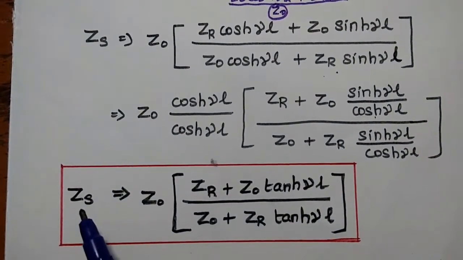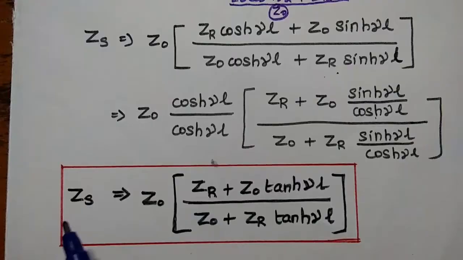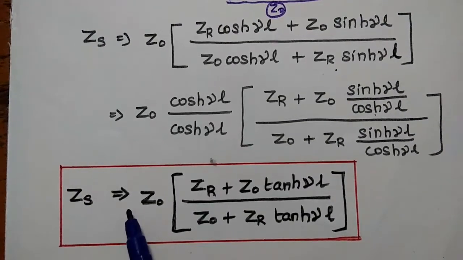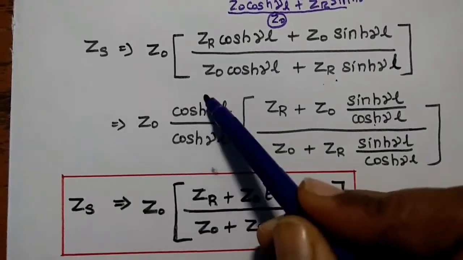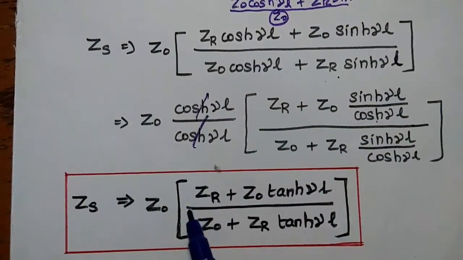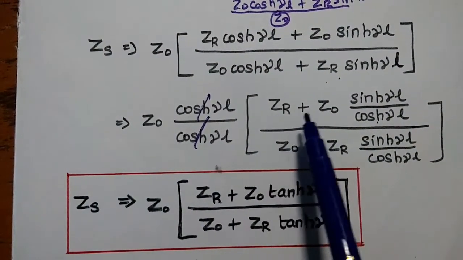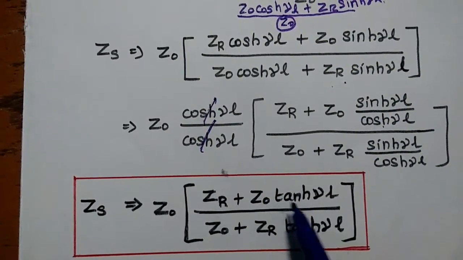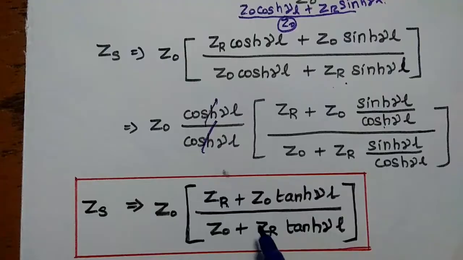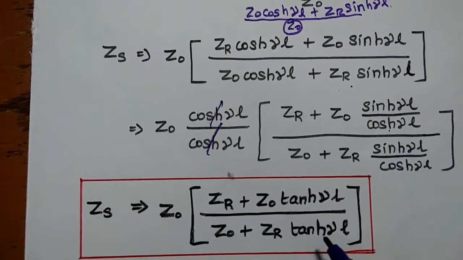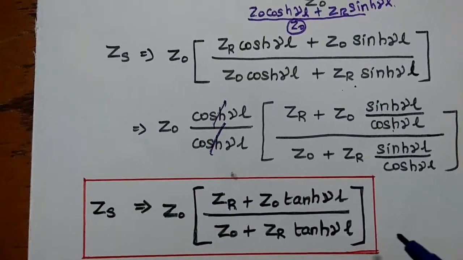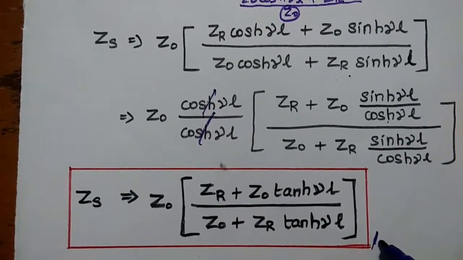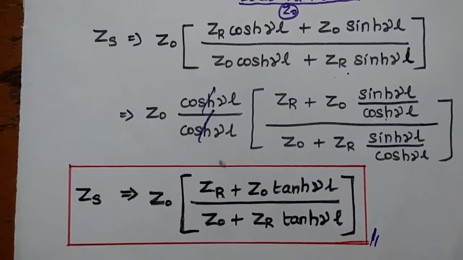So here Zs, that is the input impedance or impedance at the sending end, is equal to Z0, this cosh cancels, so we can get Z0 times (Zr plus Z0 tanh γL) divided by (Z0 plus Zr tanh γL). So this is the general formula of input impedance of the transmission line.